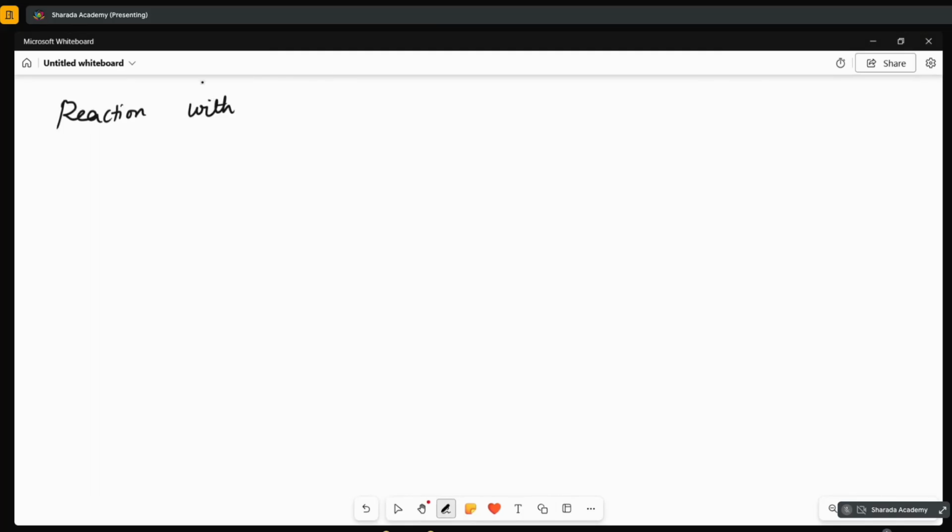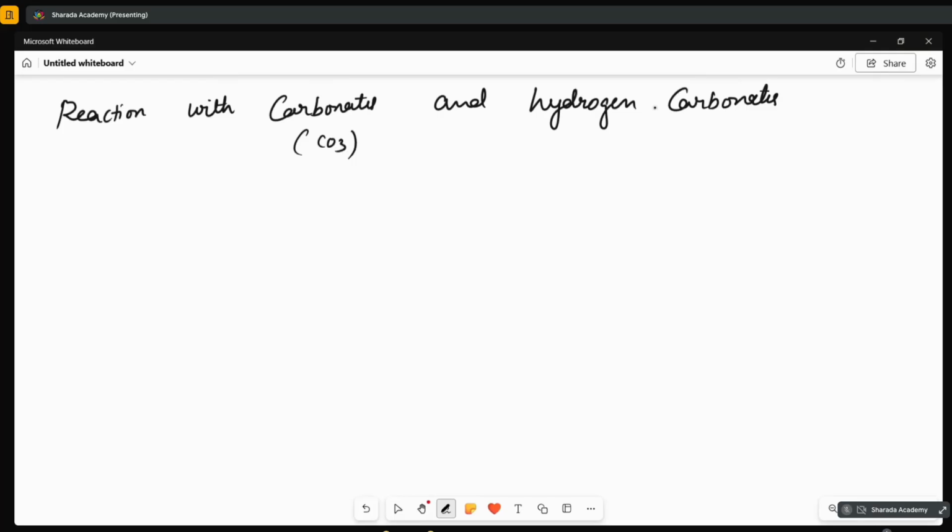Reaction with carbonates and hydrogen carbonates. Carbonates means what? It is CO3. What about hydrogen carbonate? HCO3. So how does ethanoic acid react with carbonate and hydrogen carbonate? Write down.